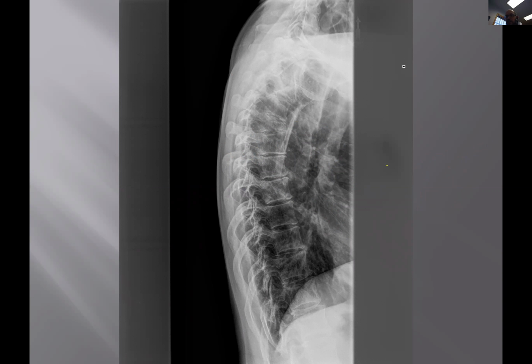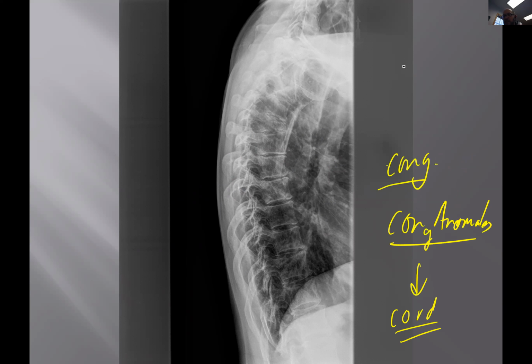Here's the only thing that I would say, the complication, is that when you have congenital anomalies of the spine, you can also have cord anomalies. Now, not all the time, but congenital CONG can lead to CORD. That's how I learned it.